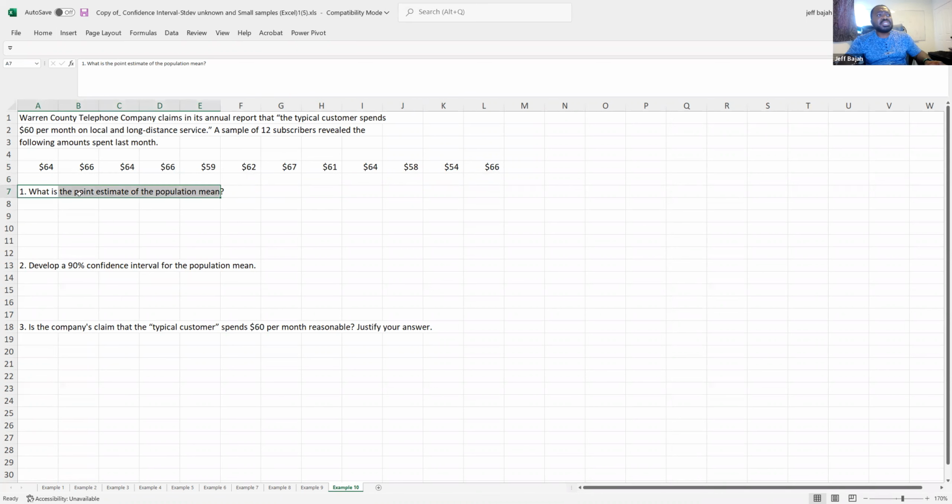Now, just like the word says, right, point estimate. A point estimate of a population mean basically tells you that in a scenario where you cannot find the population parameter, the point estimate is the value that helps you do that. It's the nearest value in order to find the population parameter.